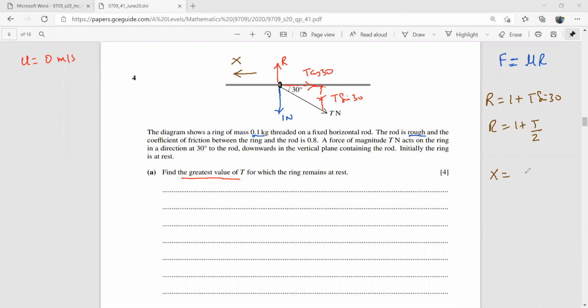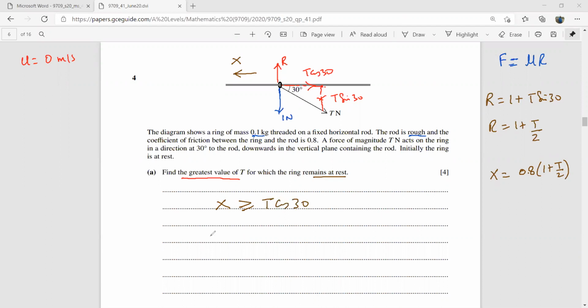That is going to be mu R. Mu is 0.8. Okay, so 0.8 into 1 plus T over 2. So if this has to be at rest, that means X has to be greater than or equal to this T cos 30.